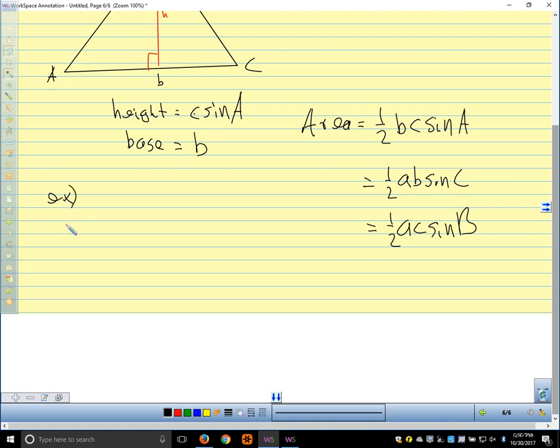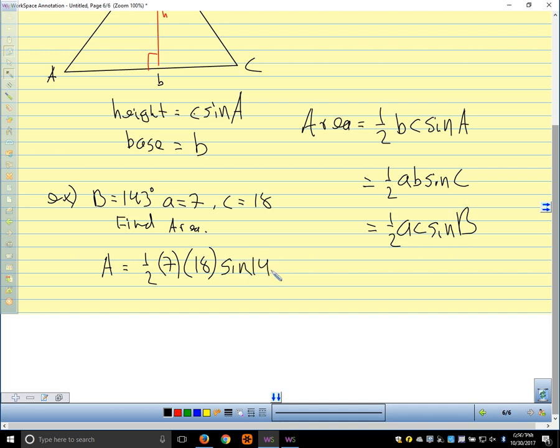So, for example, if you had a triangle where B is 143, A is 7, and C is 18, and we want to find the area. This formula is a lot like the law of sines, very easy to use. The area is 1/2 times 7 times 18 times the sine of 143.